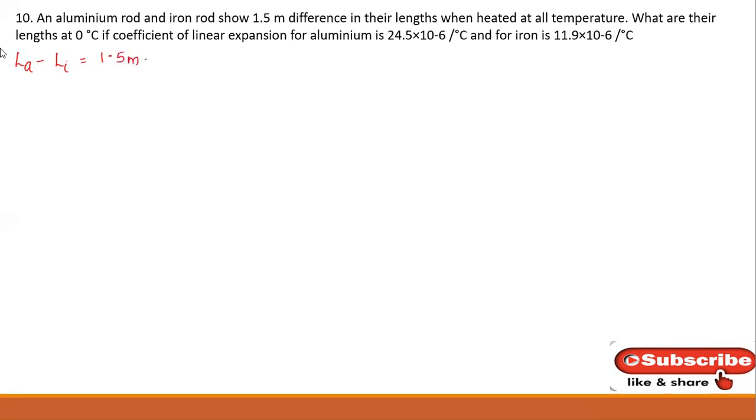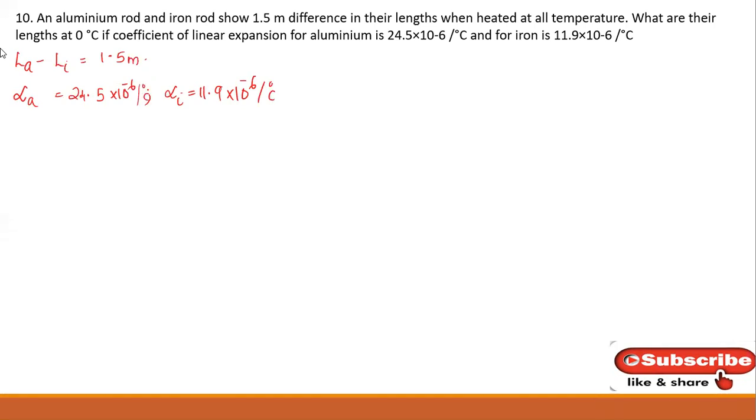Now, what are their lengths at 0 degrees Celsius if the coefficients of linear expansion of aluminum and iron are given? That is, the linear expansion of aluminum is 24.5 into 10 raised to minus 6, and iron is 11.9 into 10 raised to minus 6 per degree Celsius.